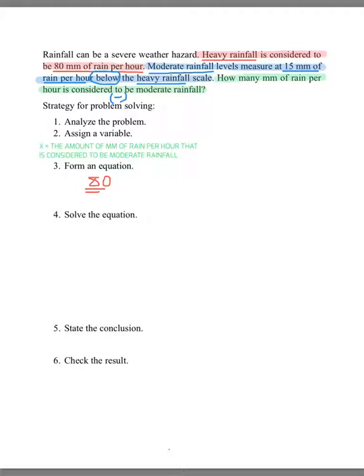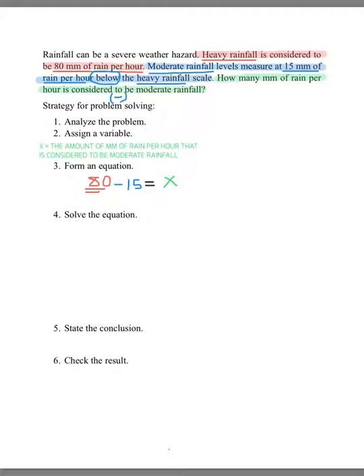And now moderate rainfall is going to be 15 below that. So all we really need to do is subtract 15 from that. And that's going to be equal to our quantity that we're looking for, which is represented by the variable x. So that's going to be our equation: 80 minus 15 equals x.